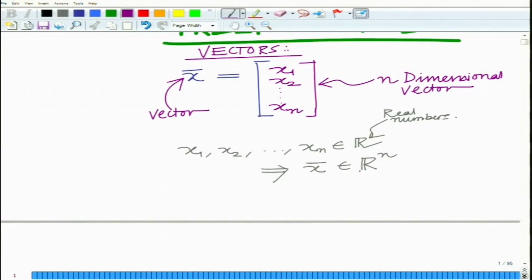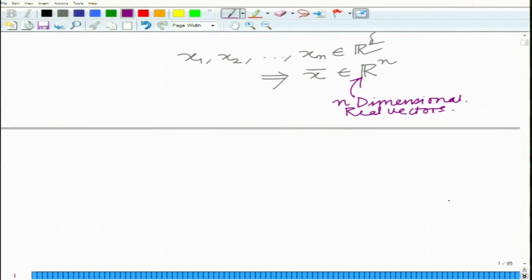All right. So, this is the space of n dimensional real vectors. Okay.